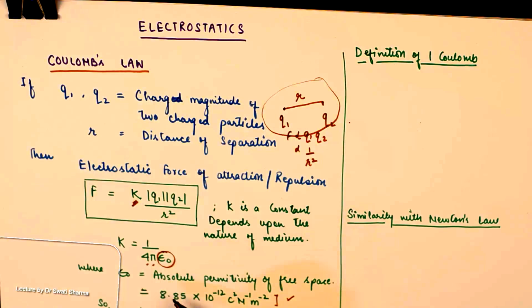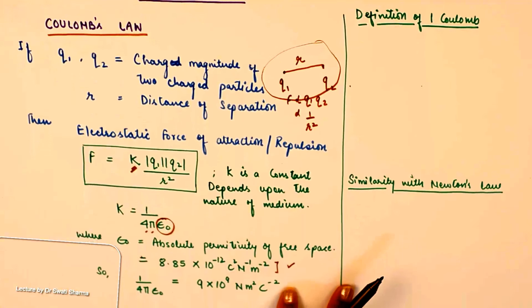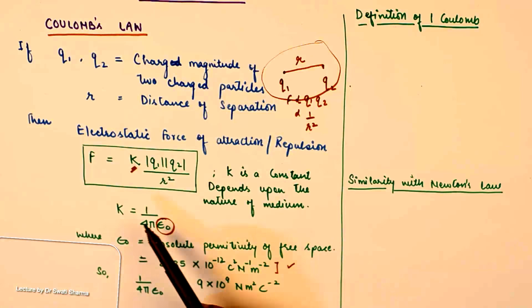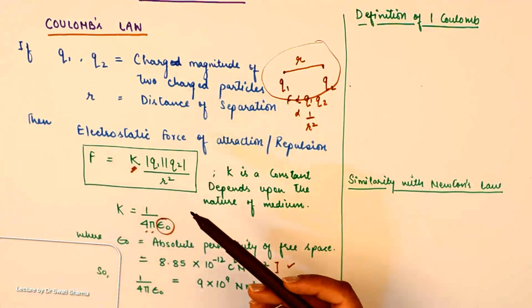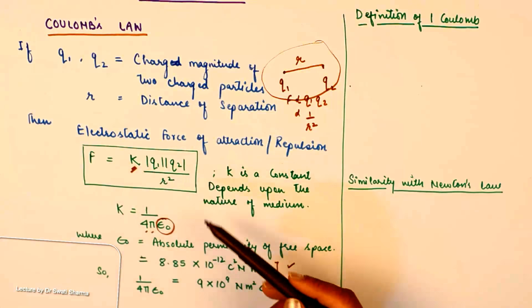Putting the values of 4 and pi, 1 upon 4 pi epsilon naught, that means k, takes the value of 9 into 10 to the power 9 Newton per meter square per Coulomb square. These units come from here. If I take all these quantities to the left hand side, the units of k can be calculated as Newton meter square per Coulomb square.